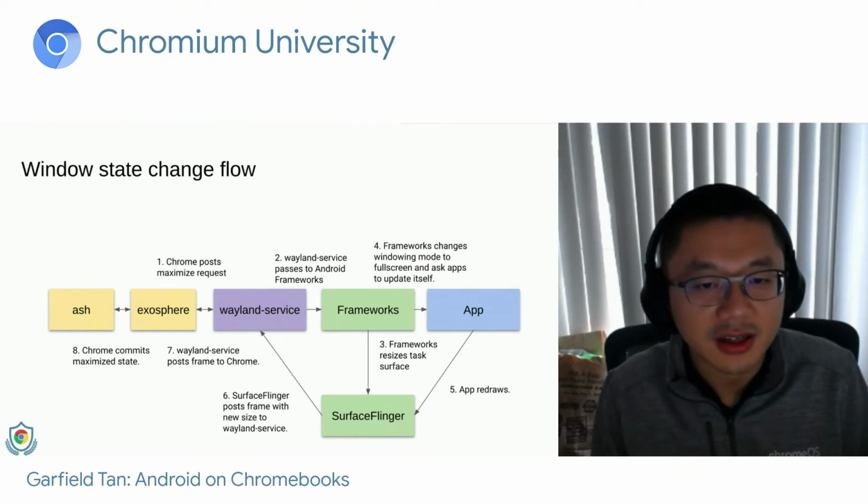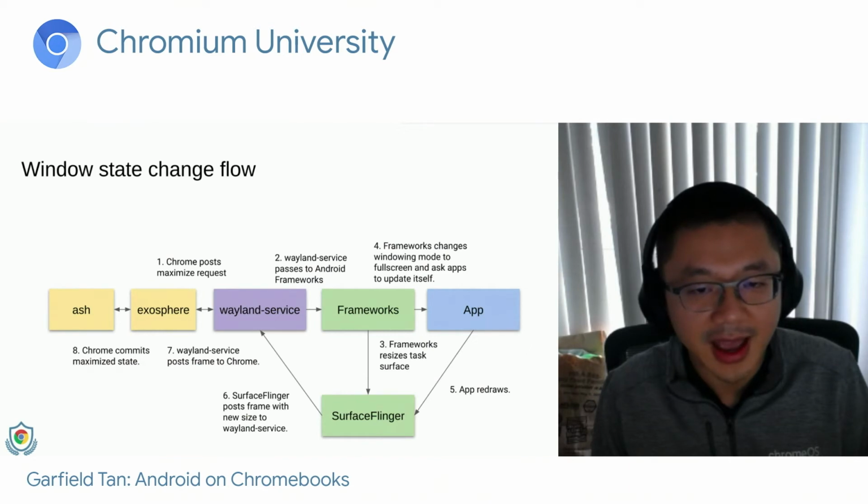And then it actually configures the application so that the application can draw its content in a larger window. It also tells Surface Flinger to reposition the application and resize it so that it covers the entire display.